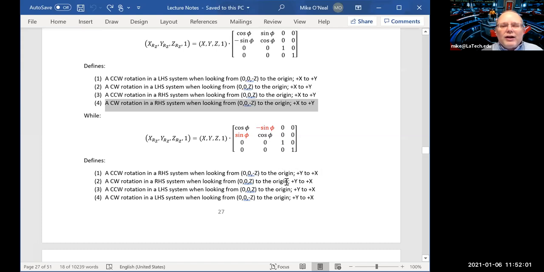And with the sign up here, it's always plus x to plus y. Whether it's counterclockwise or clockwise depends on whether you're in a right-hand or a left-hand system, and on whether you're looking from a negative position along the axis or a positive position on the axis. Does this make sense?